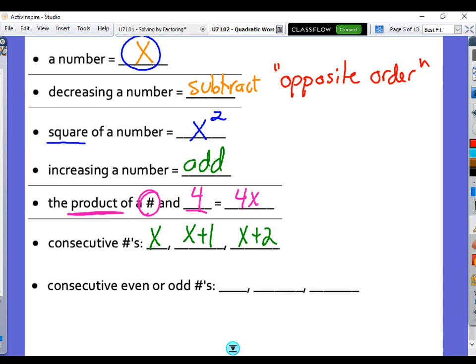Even though the even and odd numbers are not the same, algebraically they are, and you still start with x. But then instead of x plus 1, we skip to x plus 2, and then x plus 4, and so on and so forth. So just a little reminder there of how consecutive even and odd numbers are going up by 2s as opposed to just going up by 1.